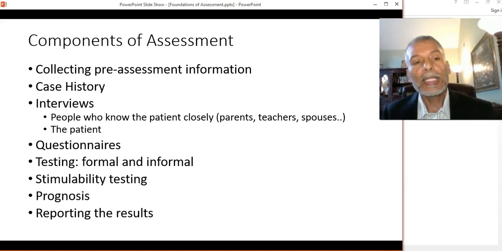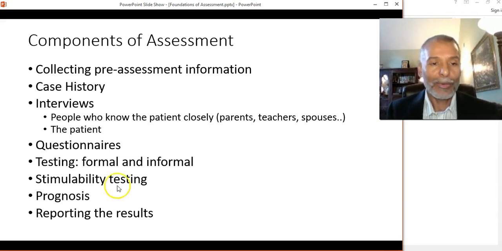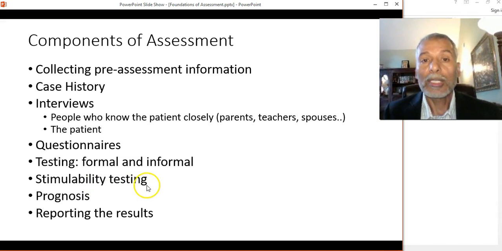And stimulability testing in voice disorders is called probing.